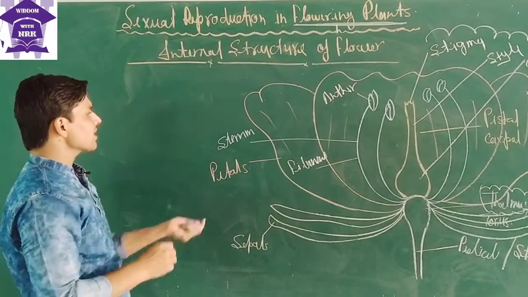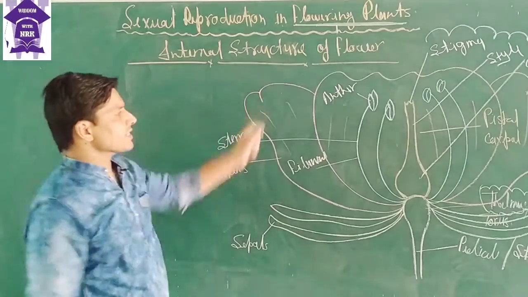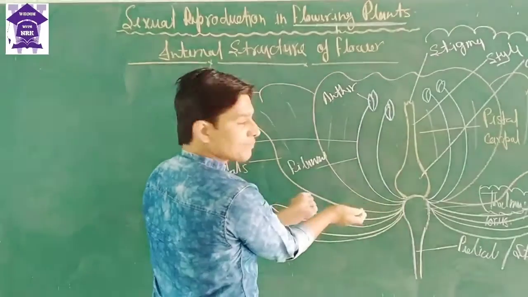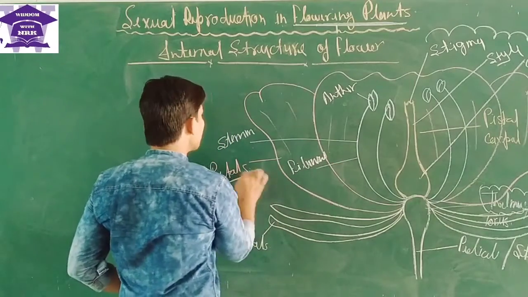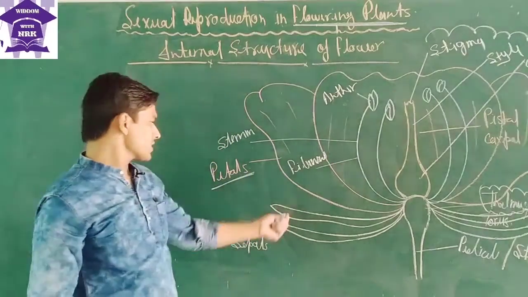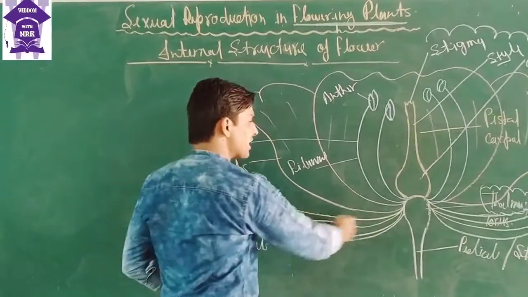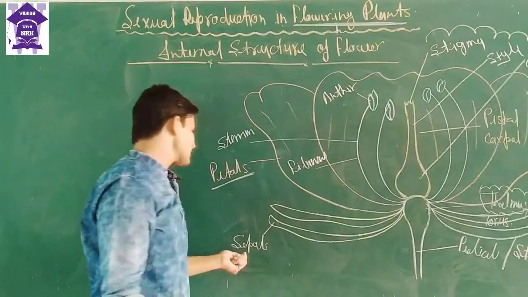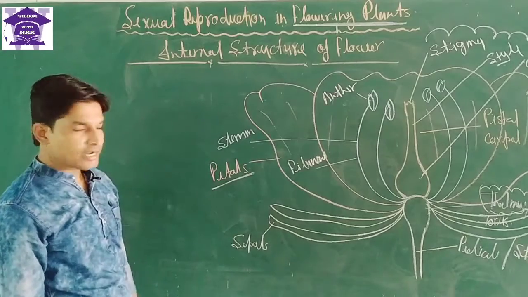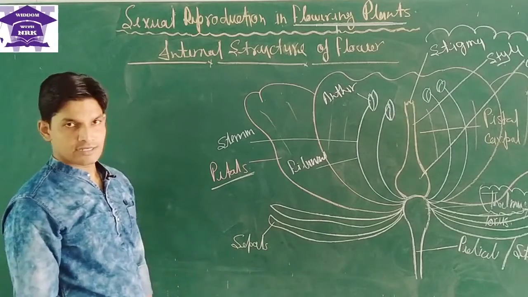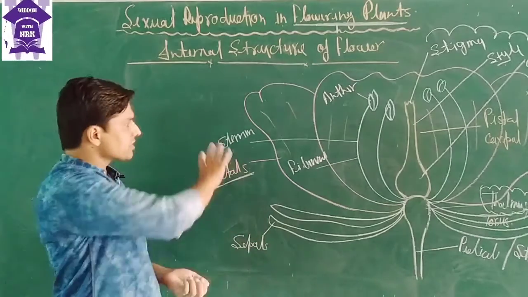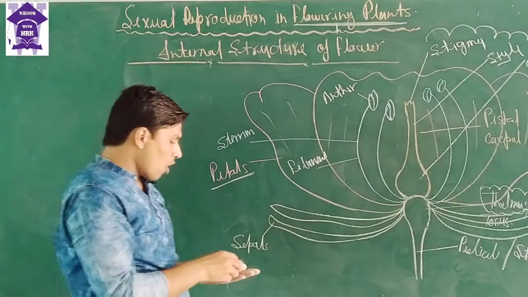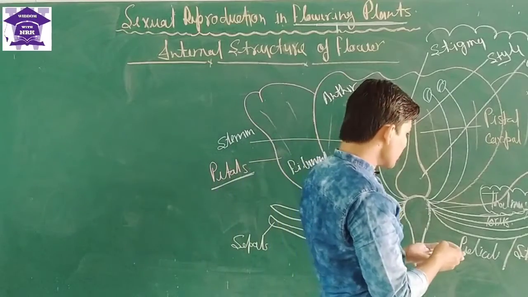Next are the petals. Petals are the colored leaves of the flower, the colored part of the flower. And next, the green colored leaves are known as the sepals. Now we were talking about the groups of all these units.